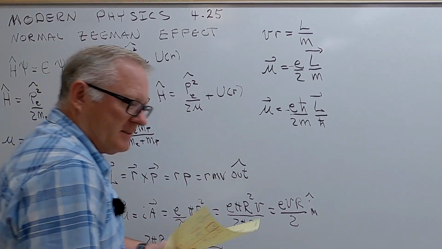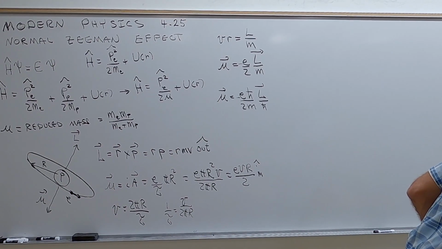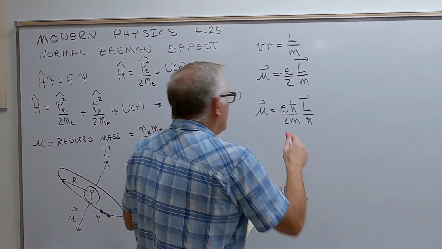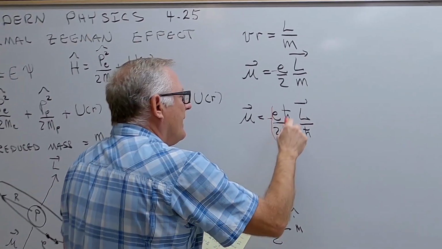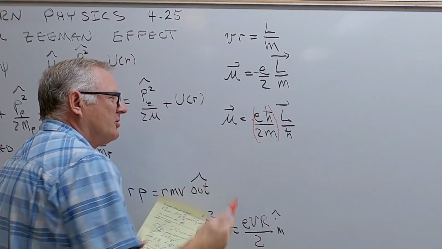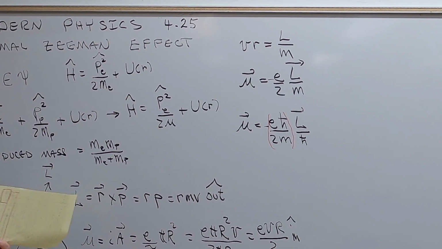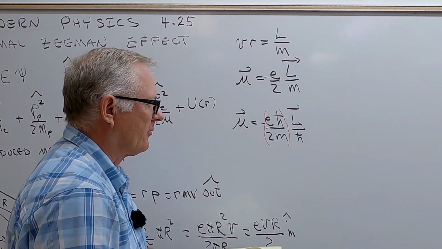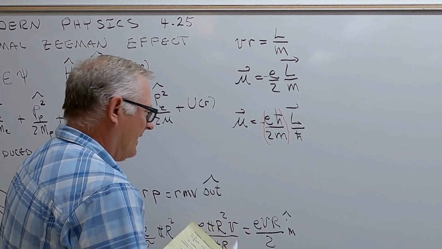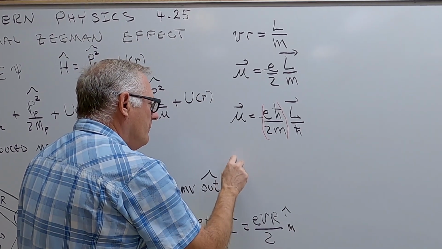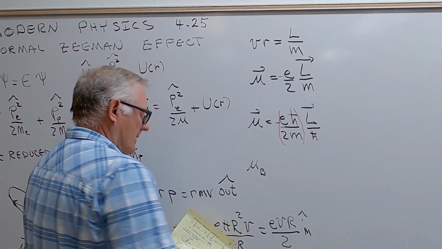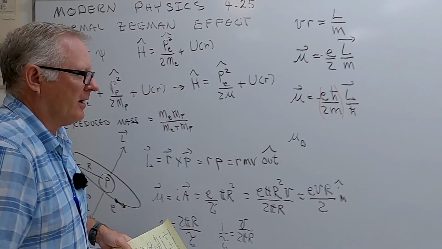Now this quantity right here are constants. That's the charge of the electron, h bar, twice the mass of the electron. We're going to give that a constant, call it mu b. It's called the Bohr magneton.